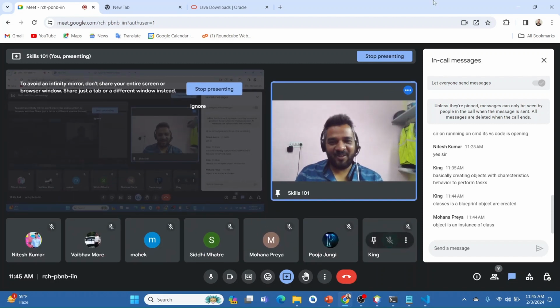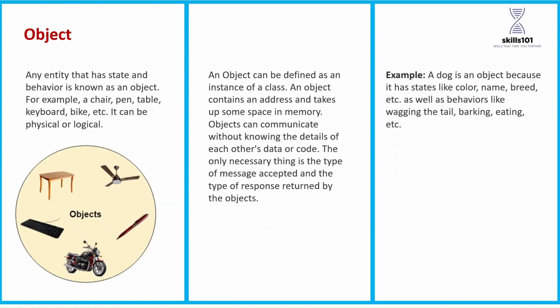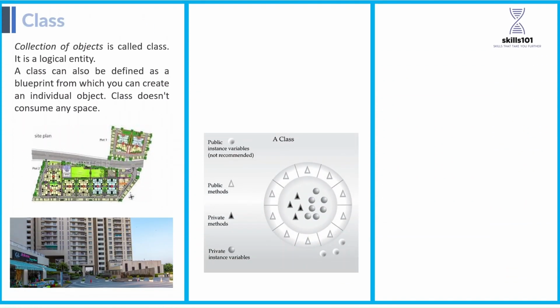So how do we do it? Let's go with the example first. I'll explain both with examples. Let's discuss class first. A class is a collection of objects. It's a logical entity and it's a blueprint.